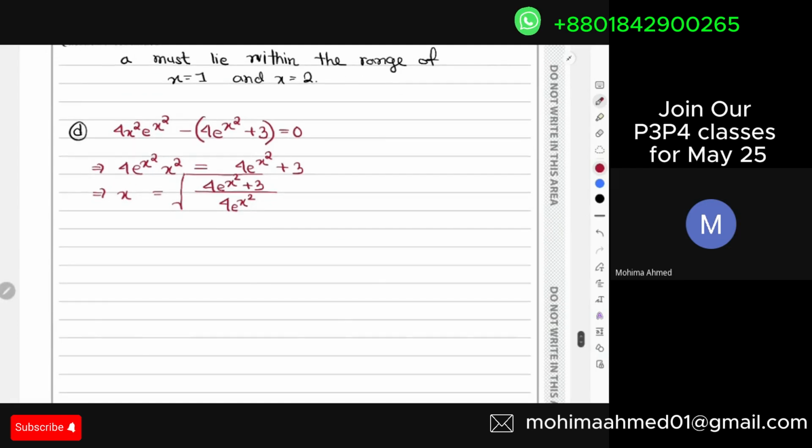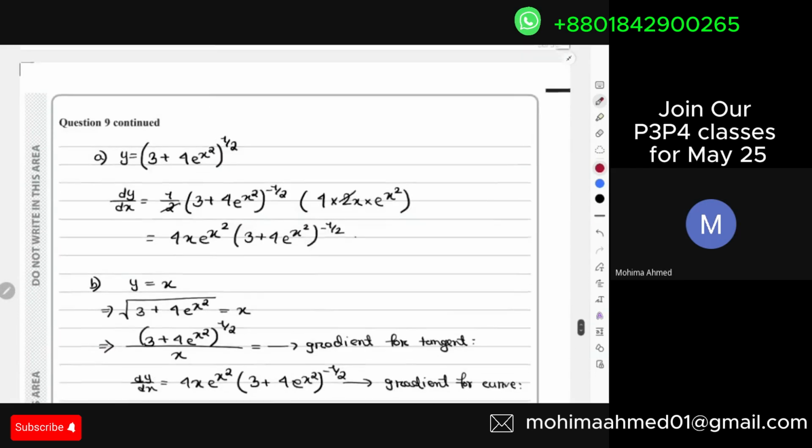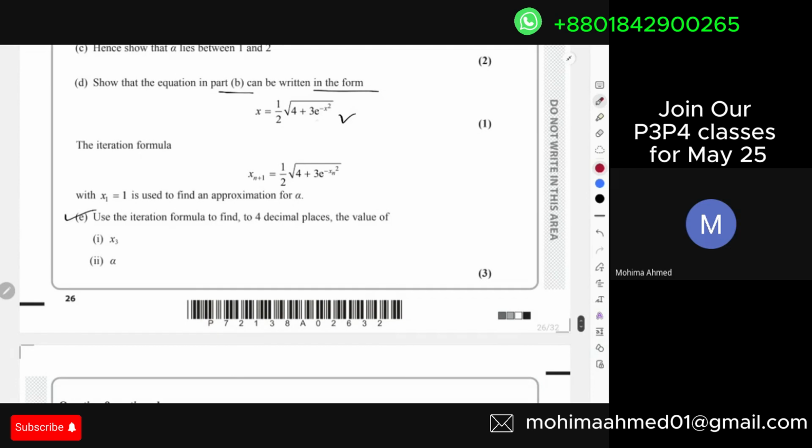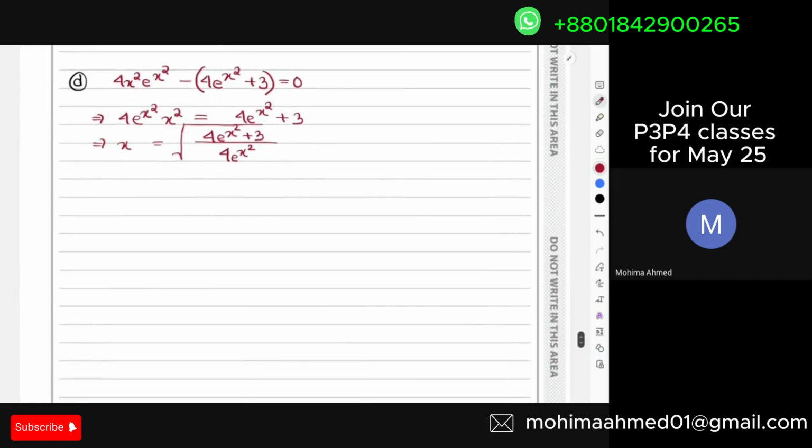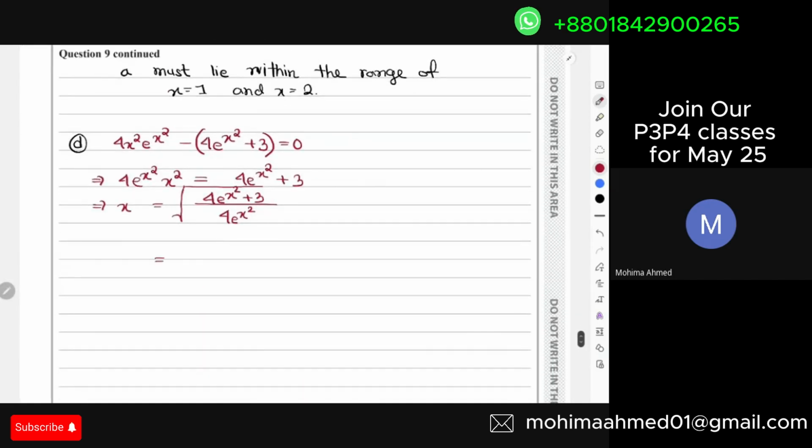Yeah, we have e^(minus x squared) with 3, not with 4, so I'm going to take e^(x squared) as a common factor. So we get 4 plus 3e^(minus x squared), and then we're going to divide this by 4e^(x squared), right? And everything over here will be under the square root.